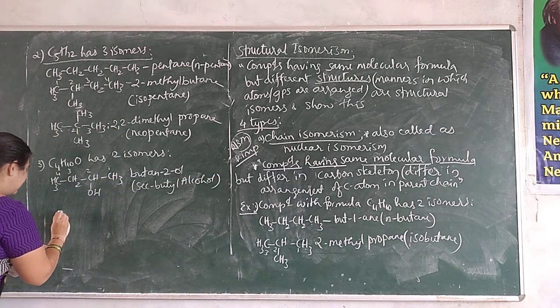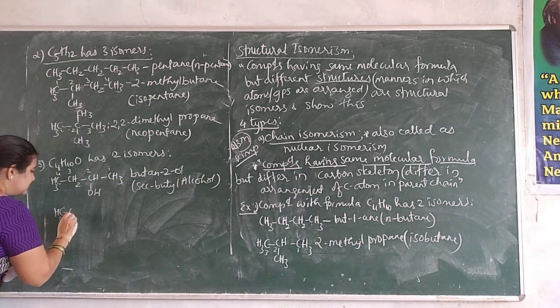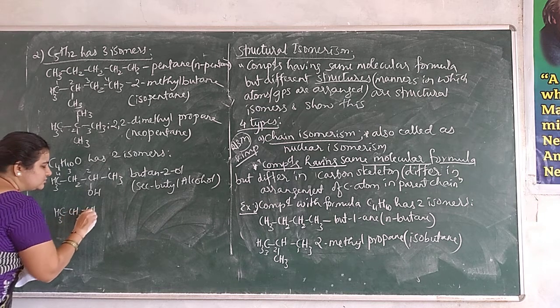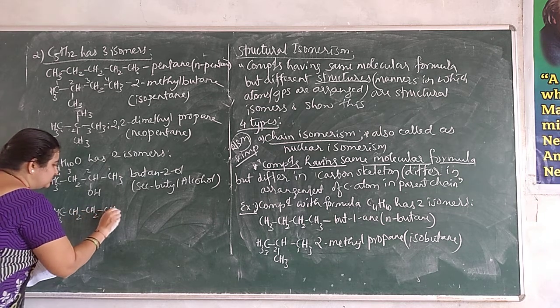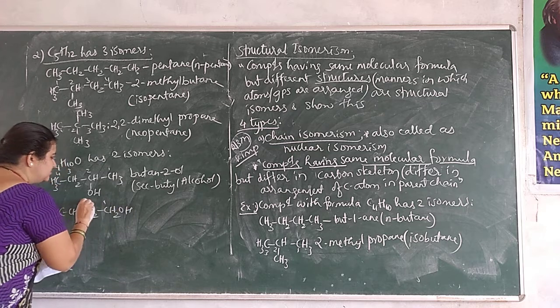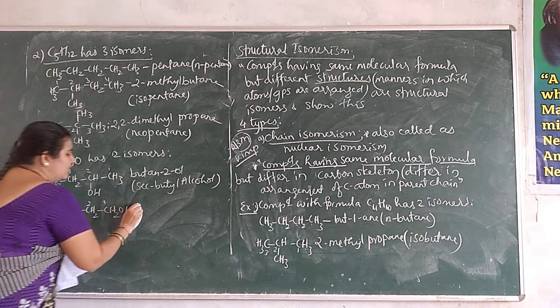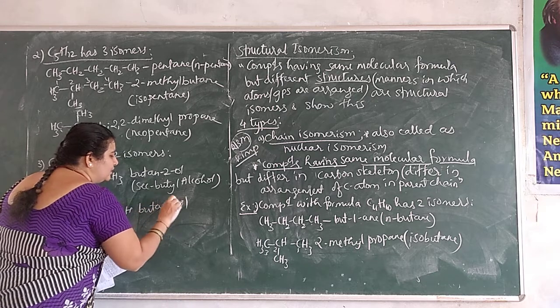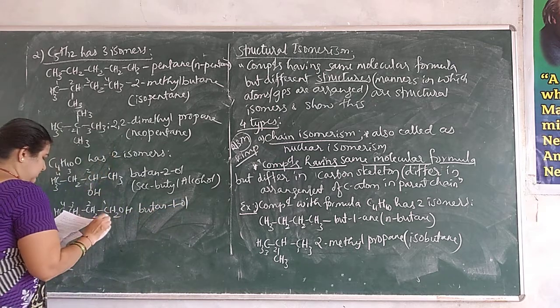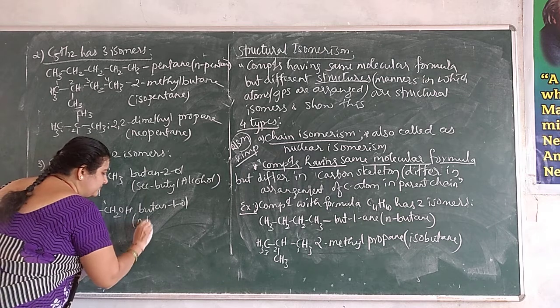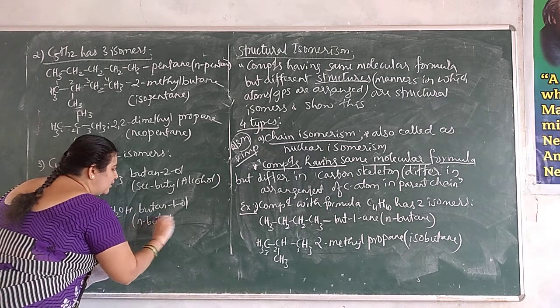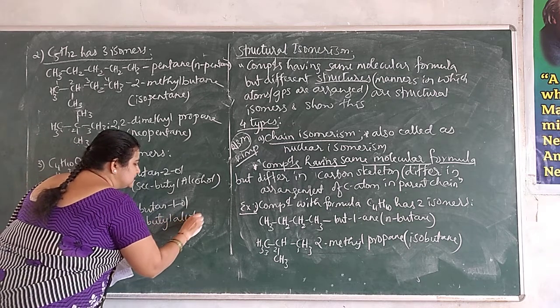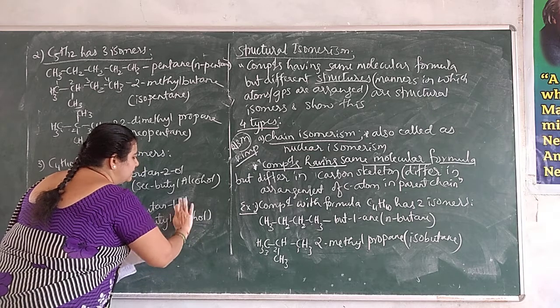Next, another way, CH3, CH2, CH2, CH2OH, 1, 2, 3, 4: butan-1-ol, or n-butyl alcohol, which is the common name of the compound.